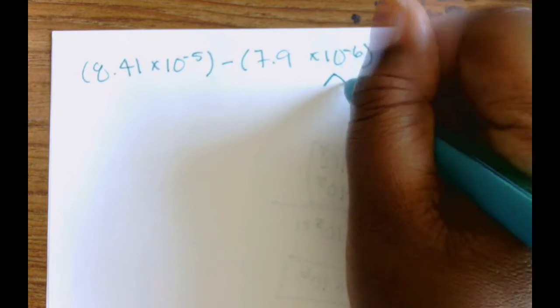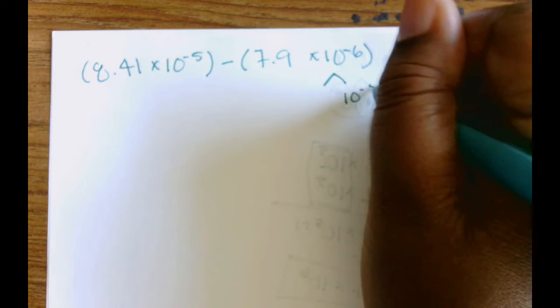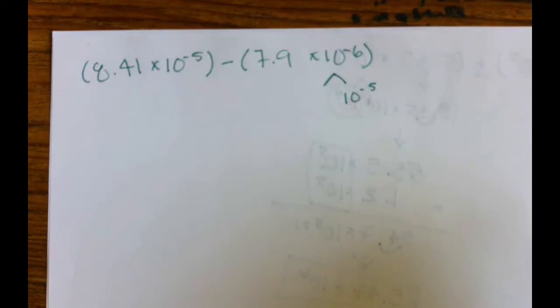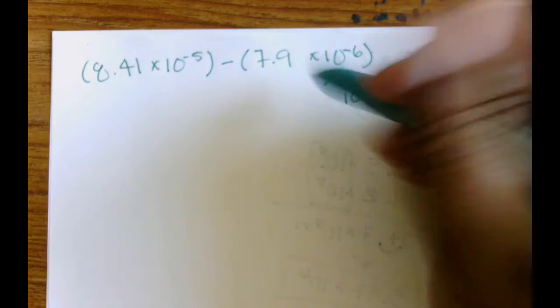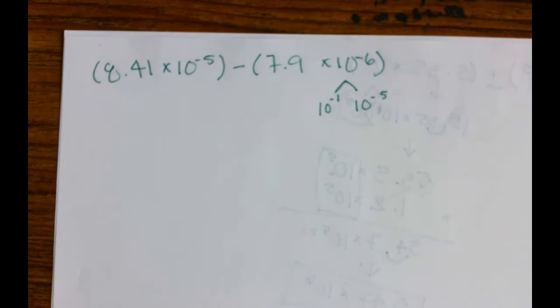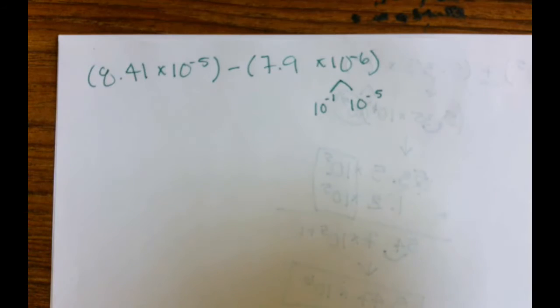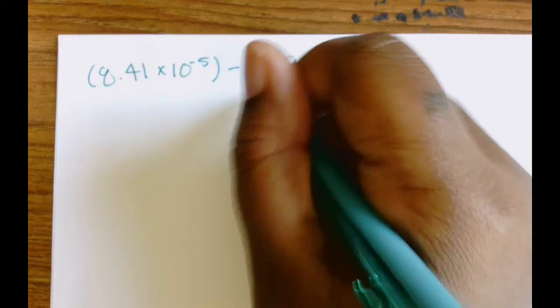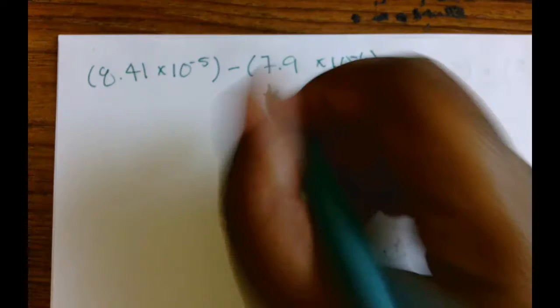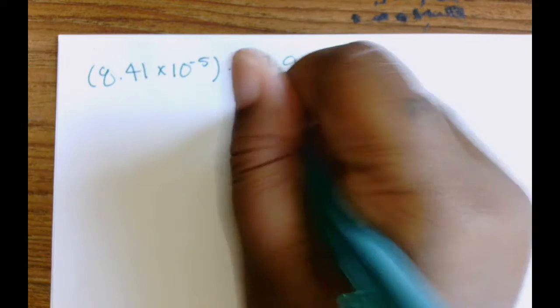And I know that one of these is going to be 10 to the negative fifth power. Negative 5 plus what is going to give me negative 6? Now that's going to be 10 to the negative first power. Negative 5 plus negative 1 is going to still remain negative 6. Then I'm going to bring down my coefficient just like before. 7.9 times 10 to the negative first.